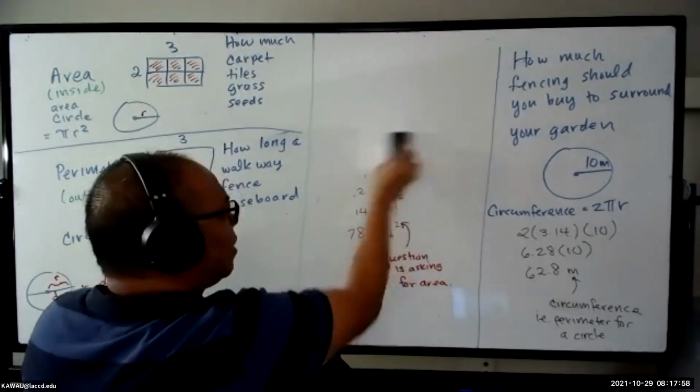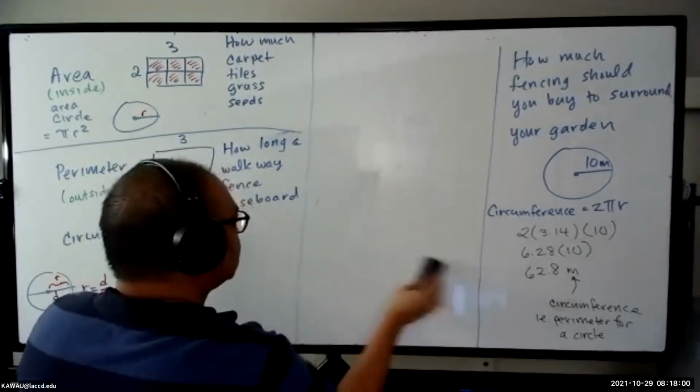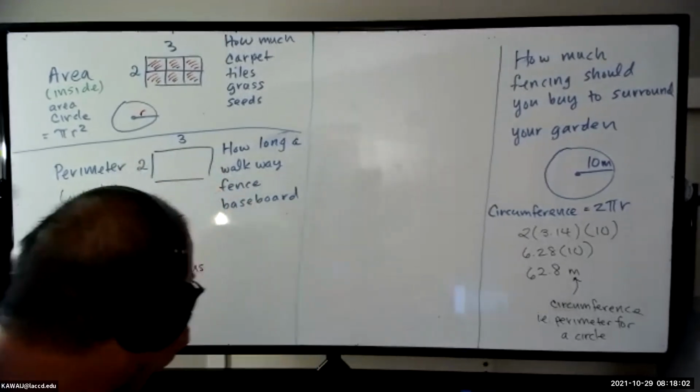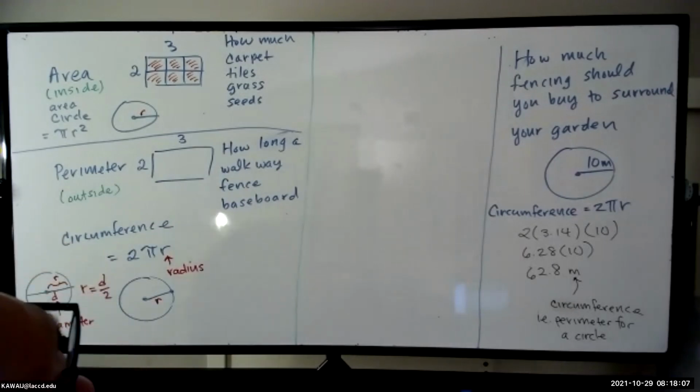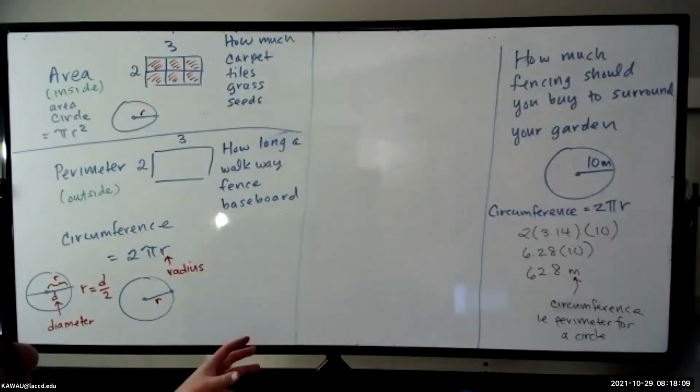Now, what they may also do is they may also give you partial shapes of a circle.